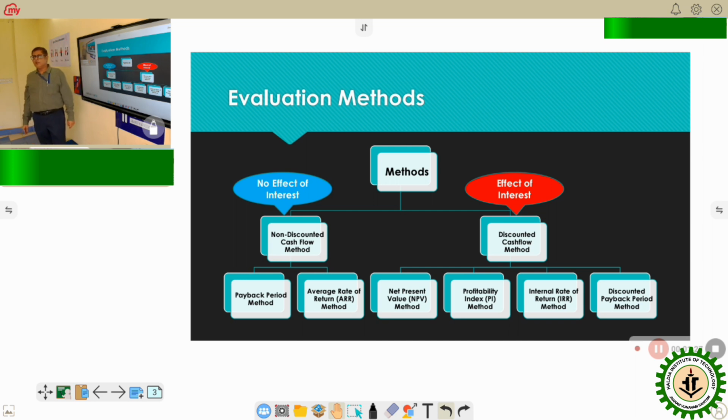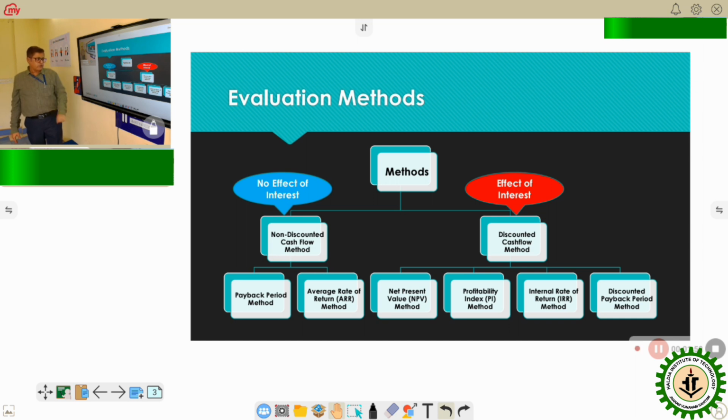There are a number of methods under discounted cash flow, that is, it incorporates the effect of interest in the cash flow. One most important method is the NPV method, or net present value. Then the profitability index method, an alternate model of discounted cash flow, and the internal rate of return method.